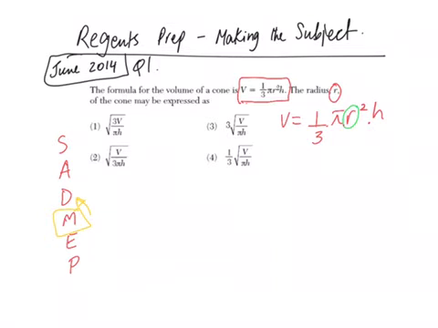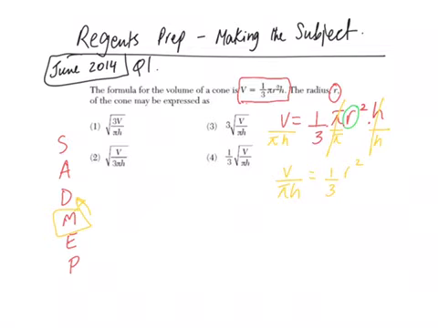So let's divide pi on both sides, right? So this will cancel. Then let's divide h. You can do multiple things at the same time, right? Now what do we have? 1/3 r square.